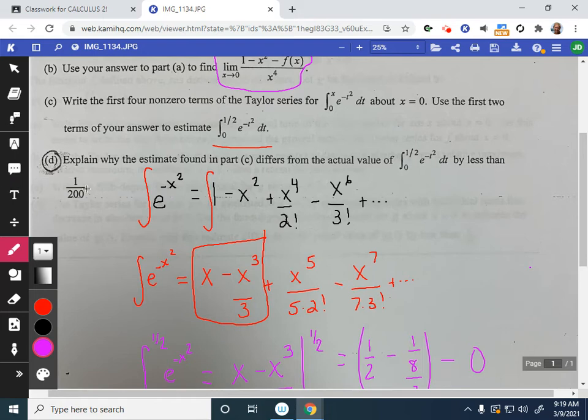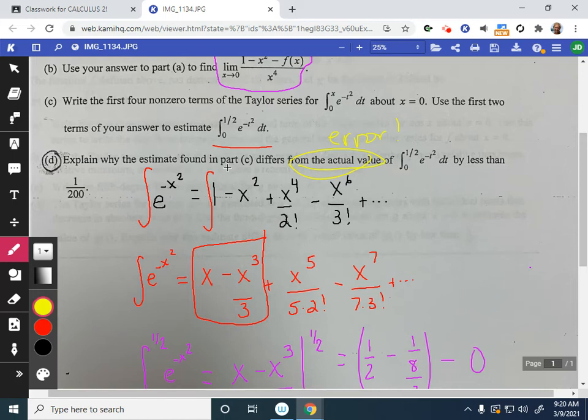When we see that kind of wording, explain why something differs from the actual, this is asking me to find error. But they don't say Lagrange error bound, so I'm not having to use that Lagrange error bound formula. I just need to find the next term, which I understand Lagrange error bound really is the next term anyway, but this is going to be even easier.